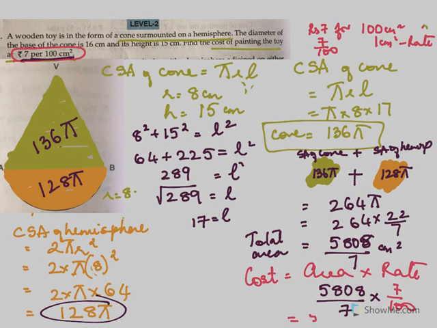And then your answer will be 58.08 rupees. Fine. So this rate part is important. Again I'm repeating, they've given the rate for 100 centimeter square. Therefore for 1 centimeter square, it is 7 over 100. That is the rate you need to put here, not only 7, but 7 over 100 multiplied by the area.